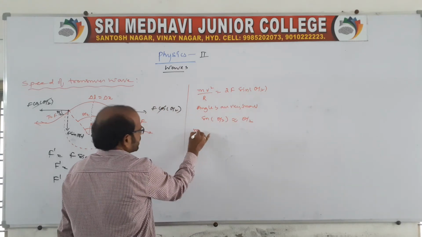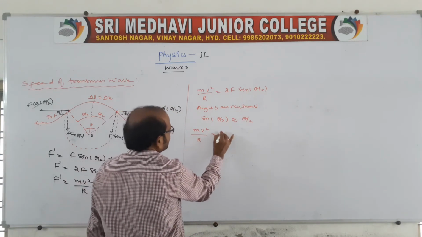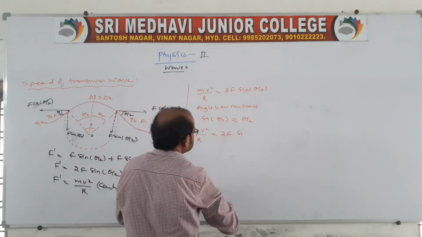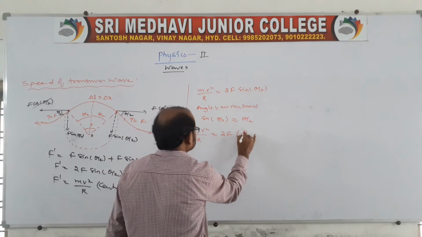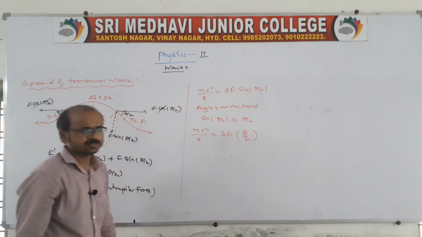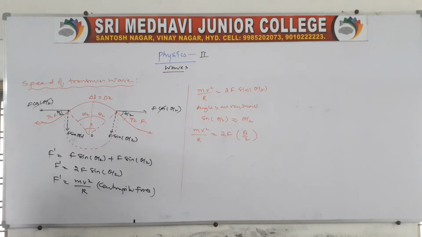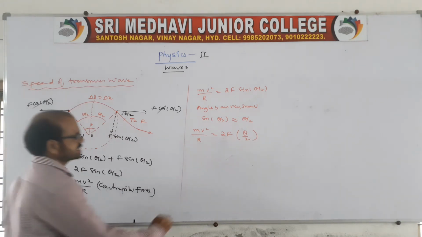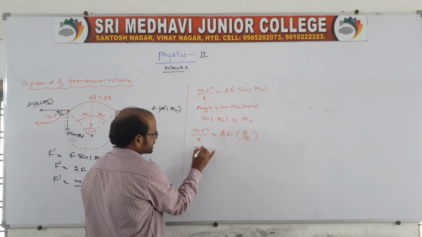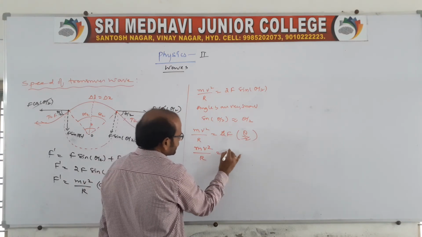So here mv square by r is equal to 2f, and instead of sin you write theta by 2. It is because theta is very small. Cancel the 2, so mv square by r is equal to f into theta.